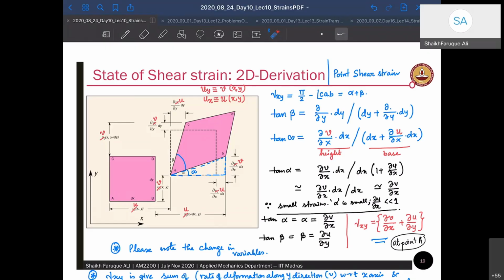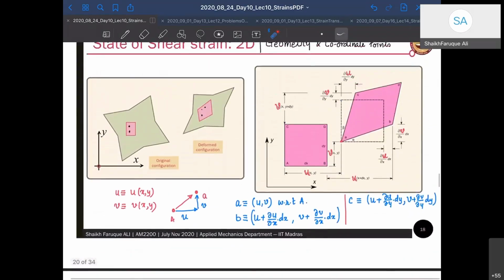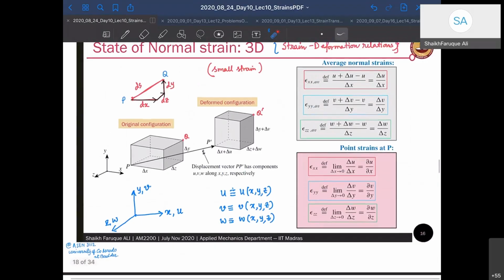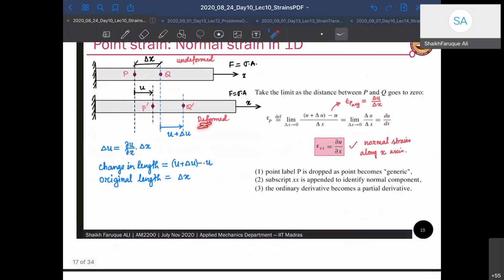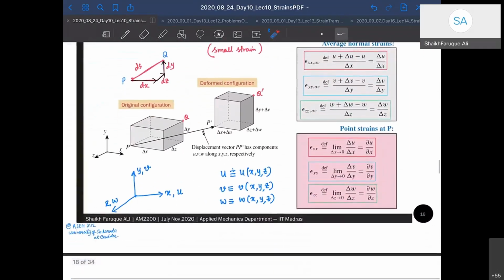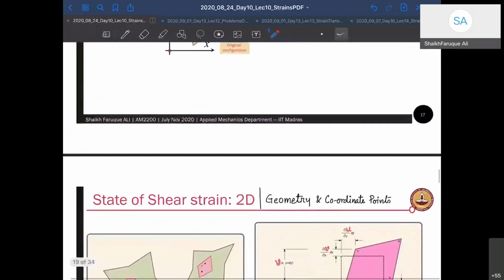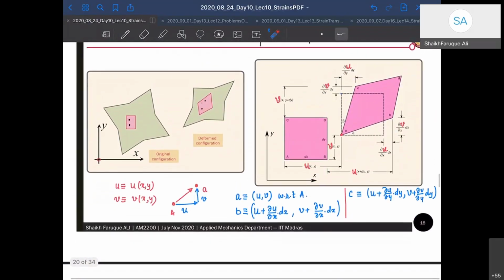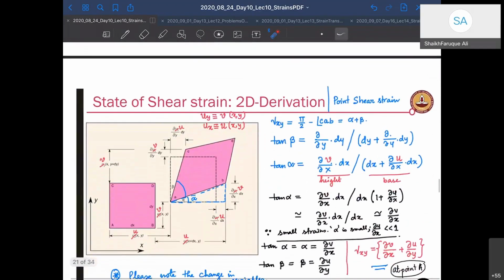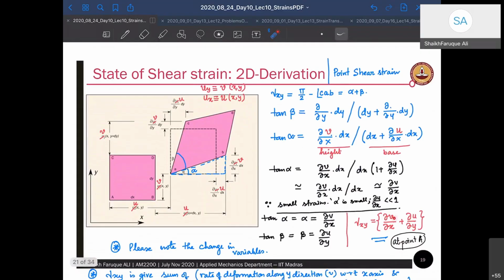So we found normal strain by the method of point strain along a direction, and then we extended it to all three directions, and we got du by dx, dv by dy, and dw by dz, del w by del z, right? For shear strain it becomes a little bit different, and it becomes del v by del x plus del u by del y. So we found shear strain on this one.